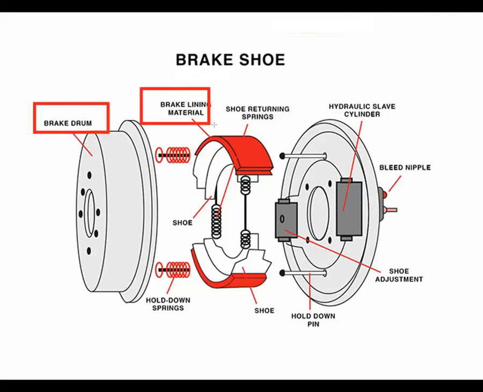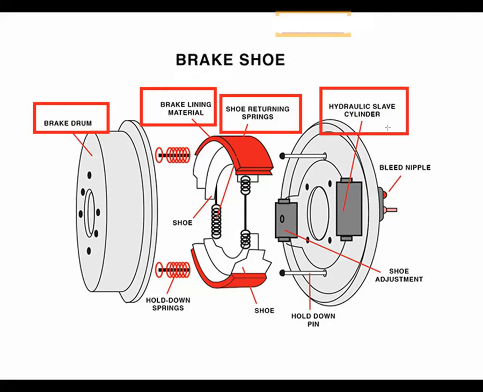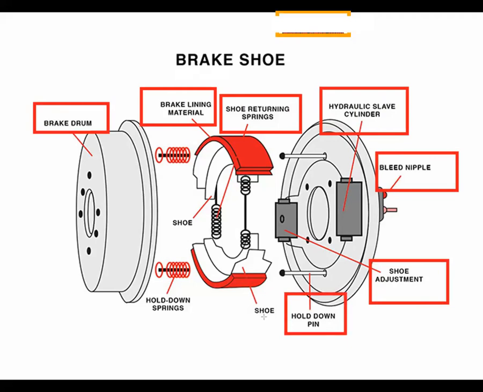This is the brake drum, brake lining material, shoe, returning spring, hydraulic slave cylinder, bleed nipple, shoe adjustment, hold down pin. This is the shoe shown over here. Again, hold down spring. Upper and lower shoes are present over here.